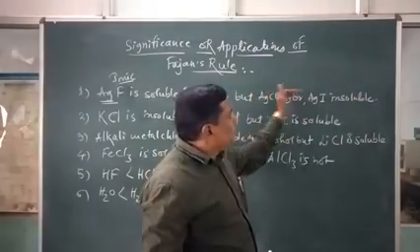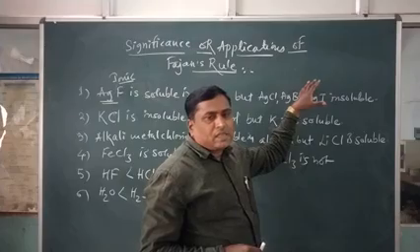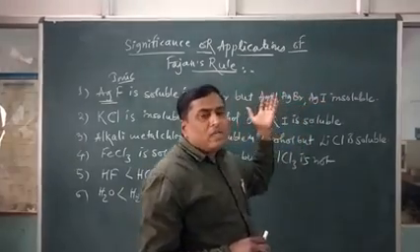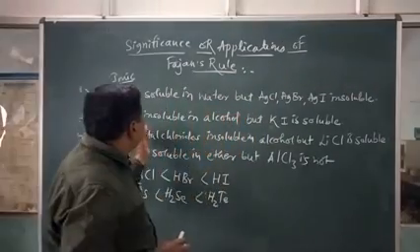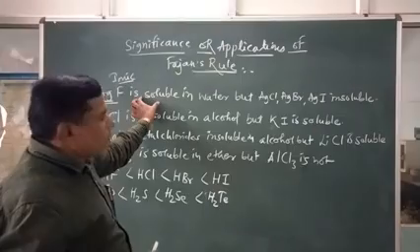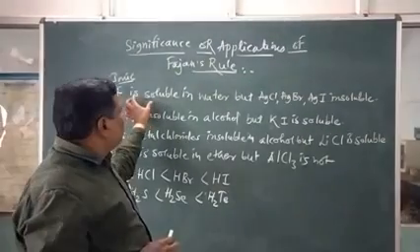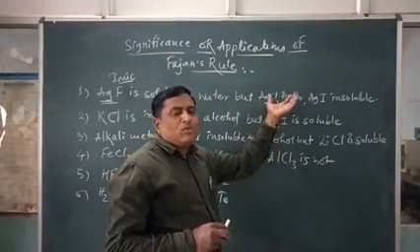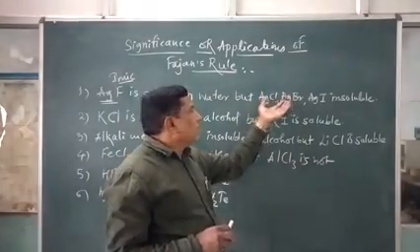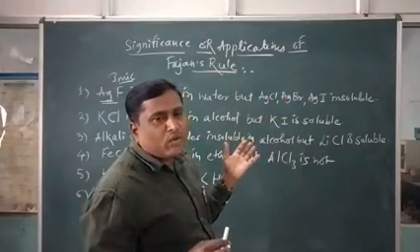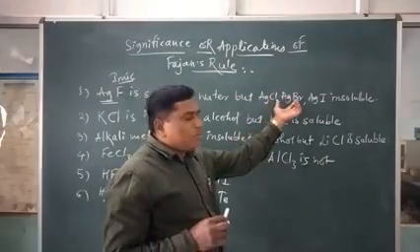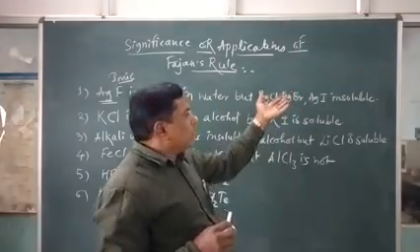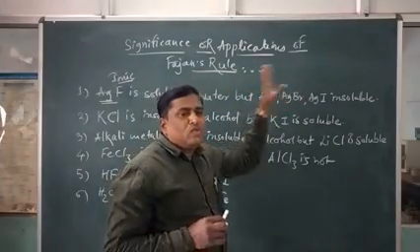There is an increase in covalent character, and due to the formation of covalent bonds instead of ionic bonds, the ionic compound AgF is soluble in water, the aqueous solvent, while these others are insoluble in the aqueous solvent. Due to the high covalent character, all of these are insoluble.